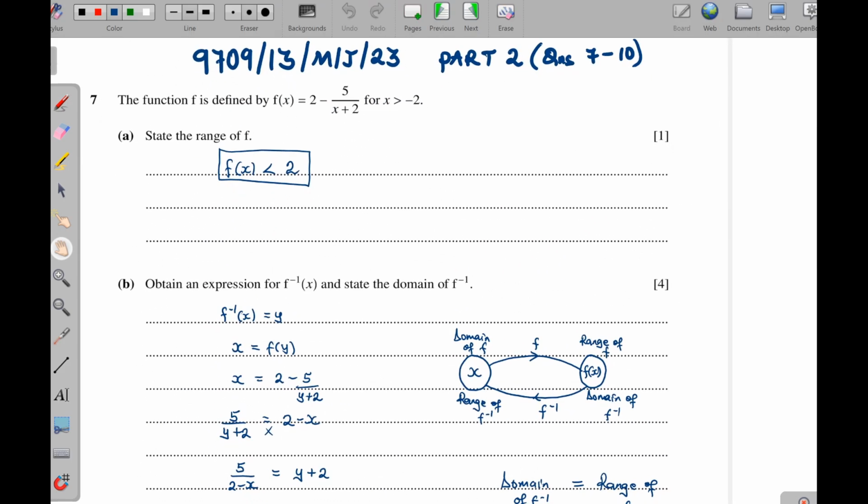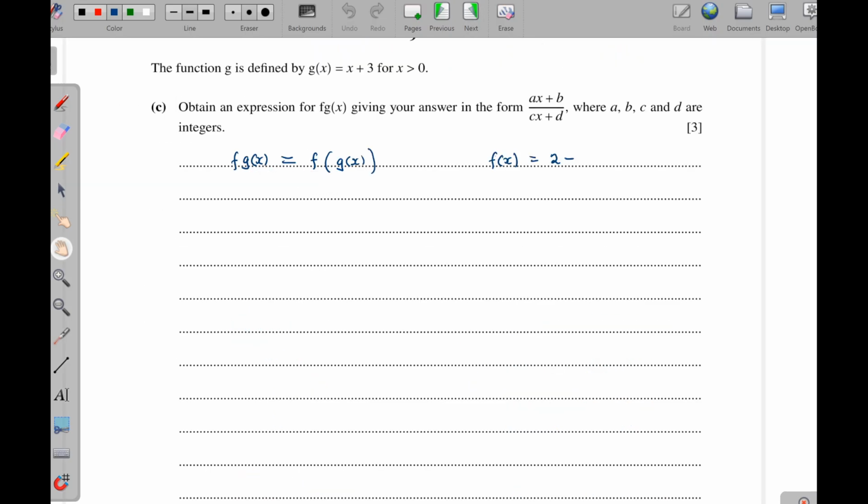5 over x plus 2, then fg of x shall be equal to 2 minus 5 out of, where there is x, I'm going to put g of x, then plus 2.